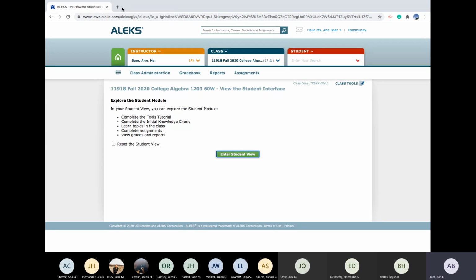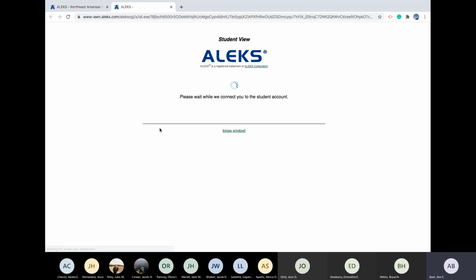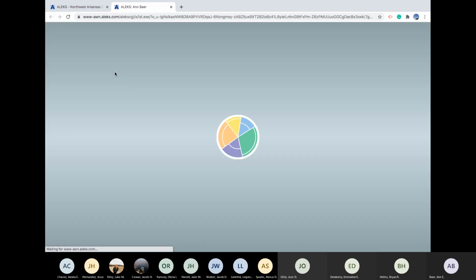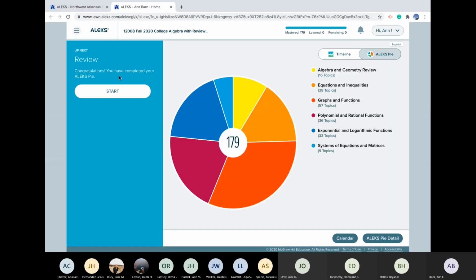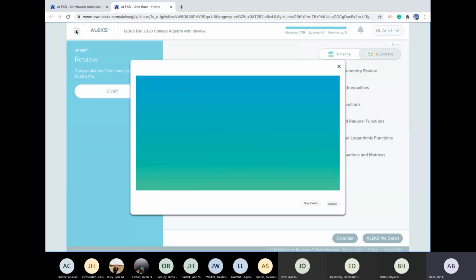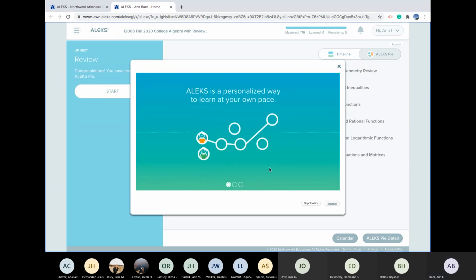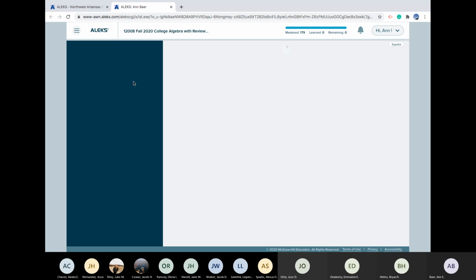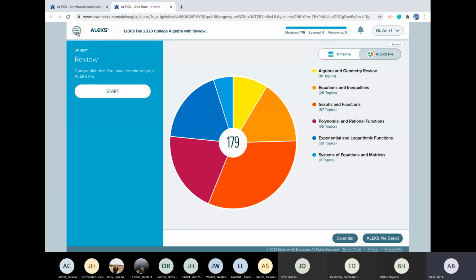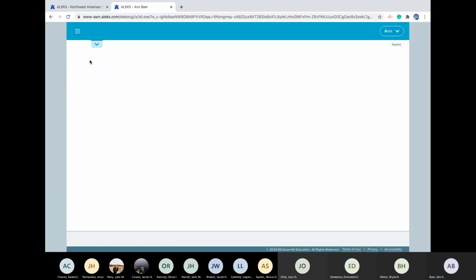I think I didn't select the right one. Let me reselect that. I saw the 8 in it and I didn't check for the zeros. Now I've got what I want. Skip the tool tips for sure. And let's go on into ALEKS.